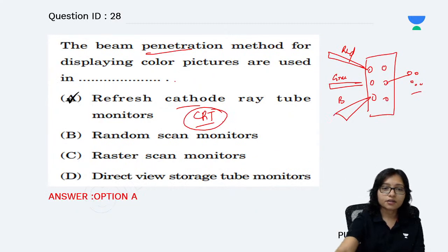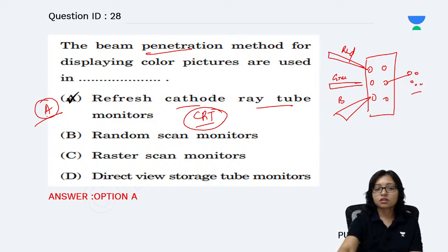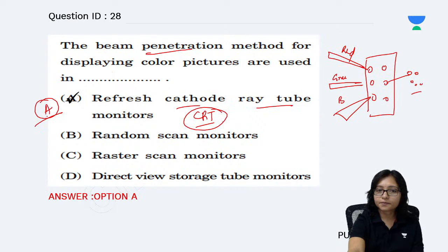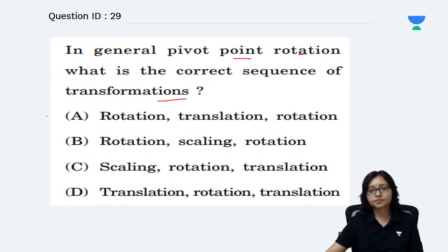The answer is not D, the answer is A. Cathode ray tube, CRT. Pooja, where did I say answer D? The answer is not D. The answer is A. Okay. Next one. Do this one.